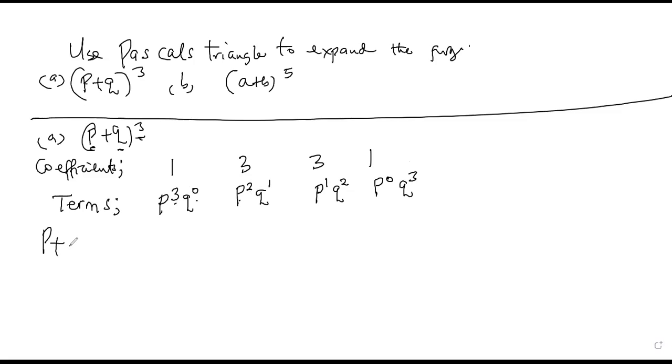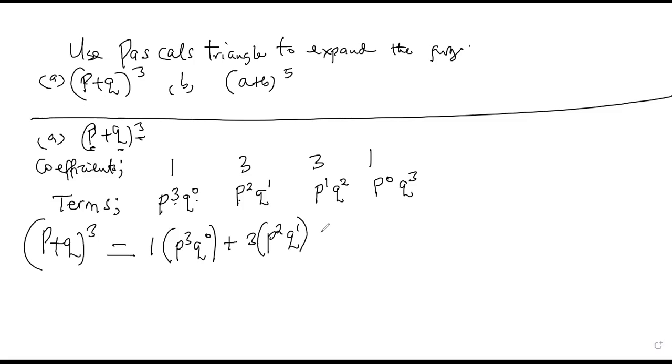p plus q cubed is going to be equal to, we put a coefficient and a term, p cubed q to the power 0, plus a coefficient and a term, p squared q to the power 1, plus a coefficient and a term, p to the power 1 q squared, plus a coefficient and a term, p to the power 0 q cubed.